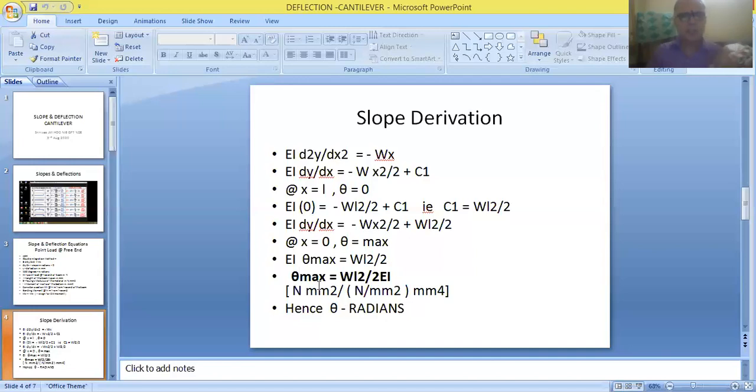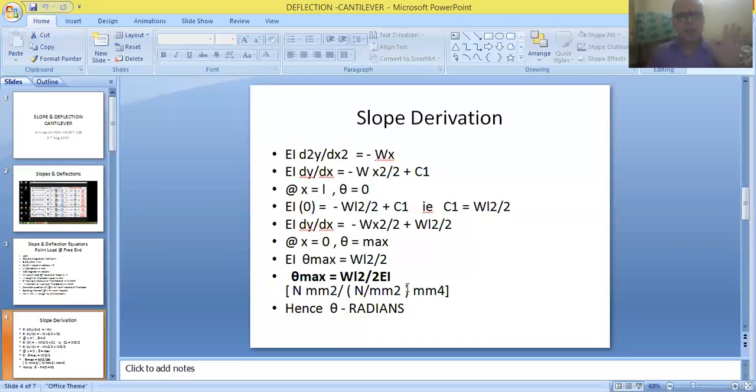Finally, theta max is obtained as WL square by 2EI. This is already noted down in the table of the second slide. So the slope value for the point load acting on the cantilever is given as WL square by 2EI.